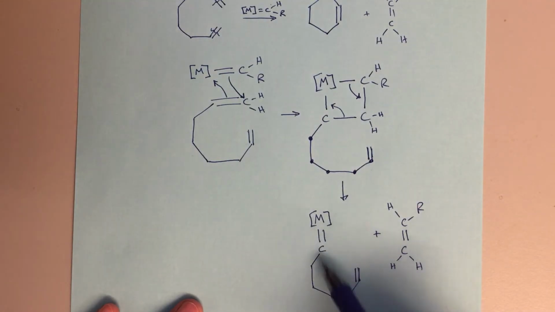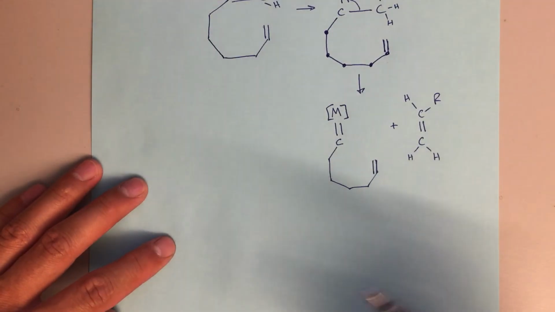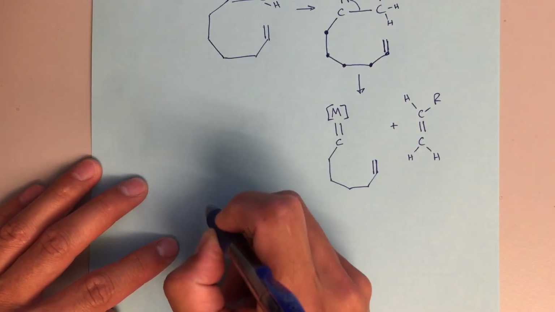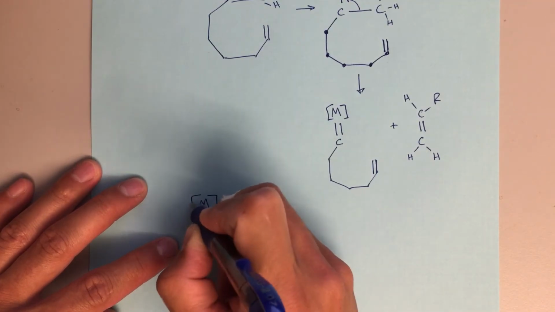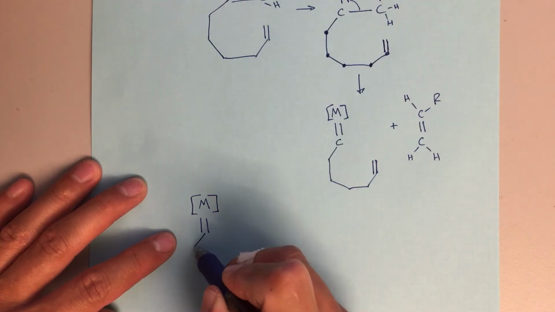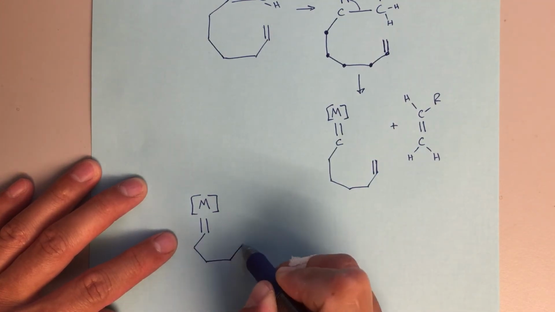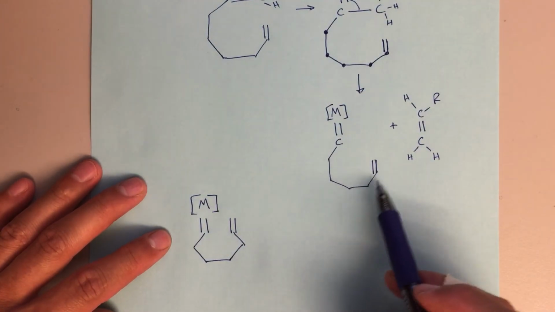Now from here, we want to redraw that so that things are all lined up nice and neatly. The way that we can do that is if I redraw this picture like this.